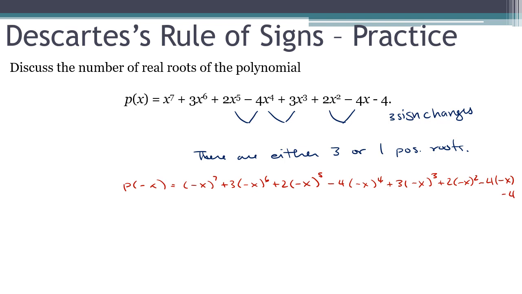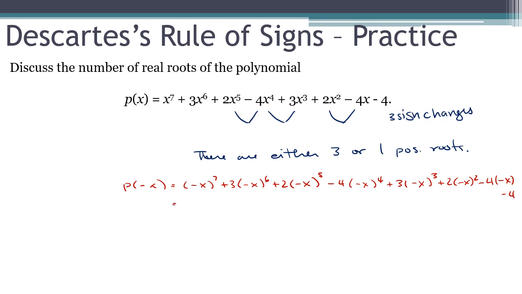Do you see the pattern? The sign of every term that has an odd exponent is going to change, and the signs of the terms with the even exponents stay the same.